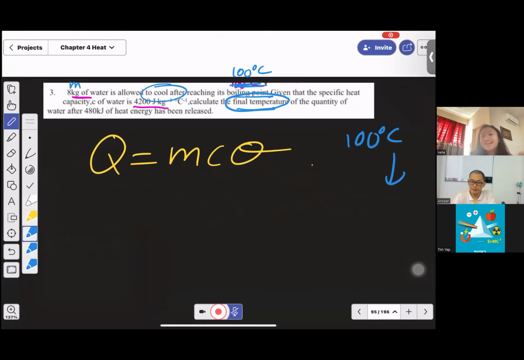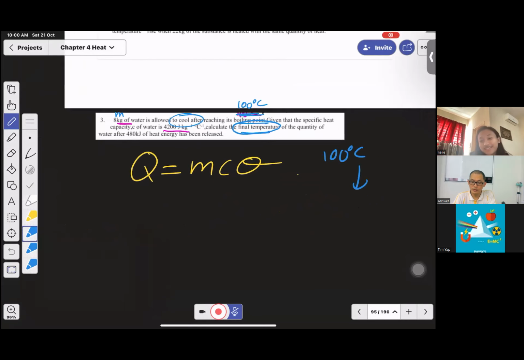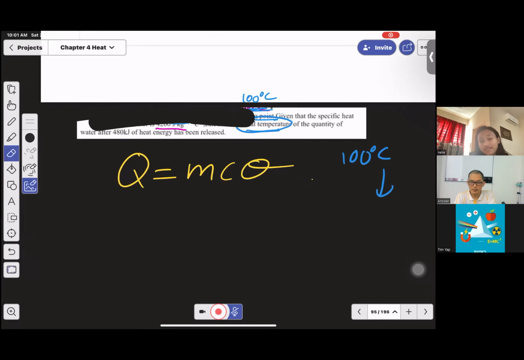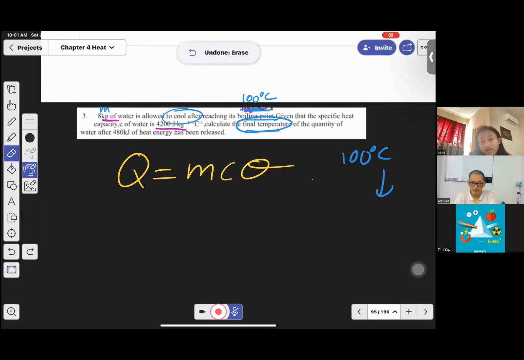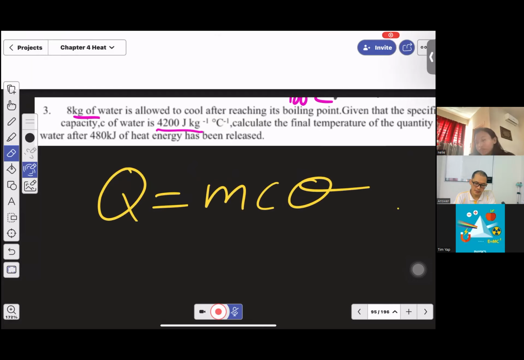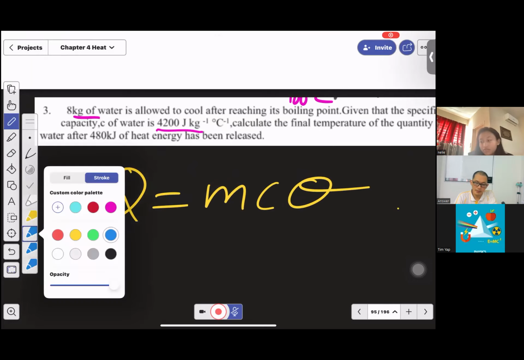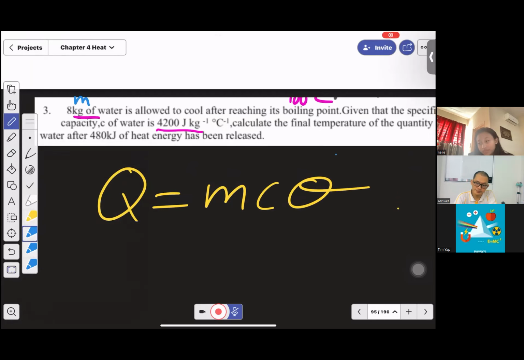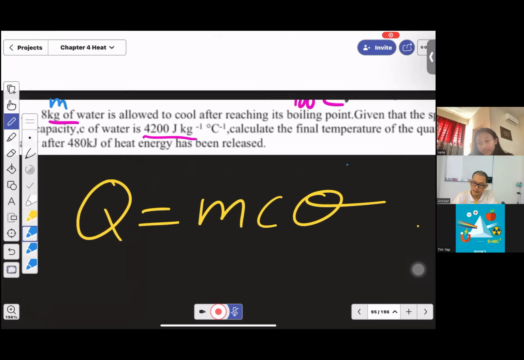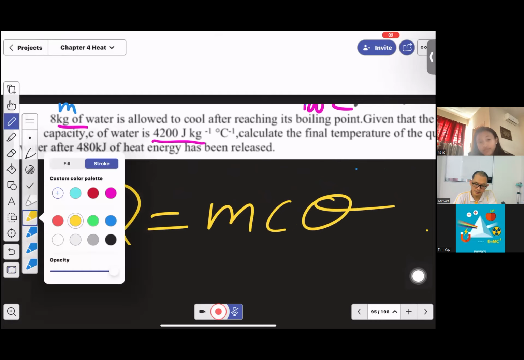Yeah. Okay. So normally we solve the question in this way. We label the quantity first. So this is M. The boiling point is 100 degrees Celsius.